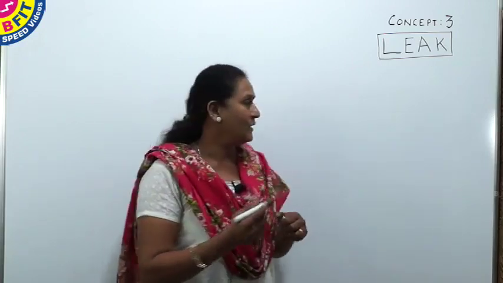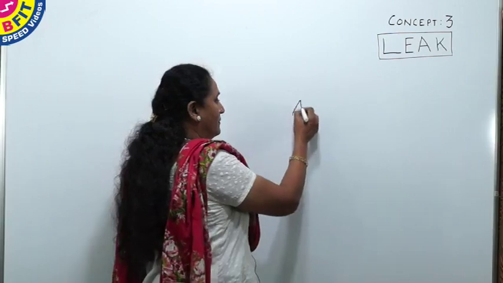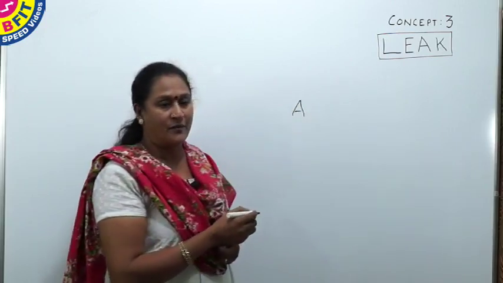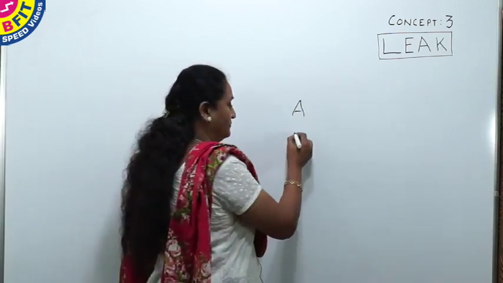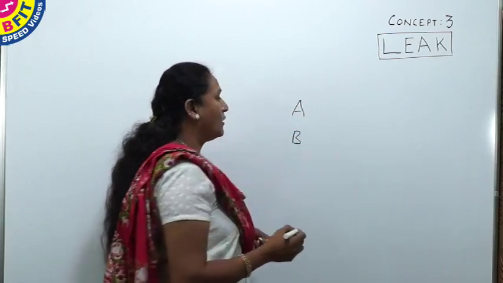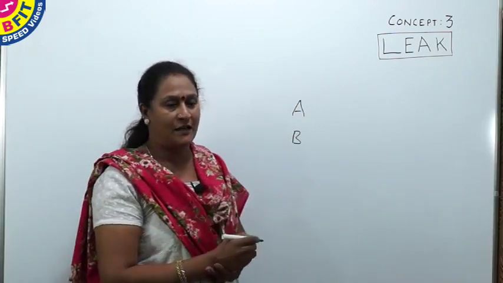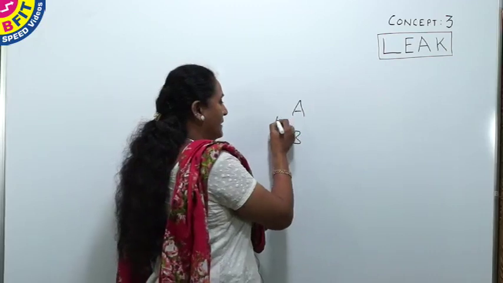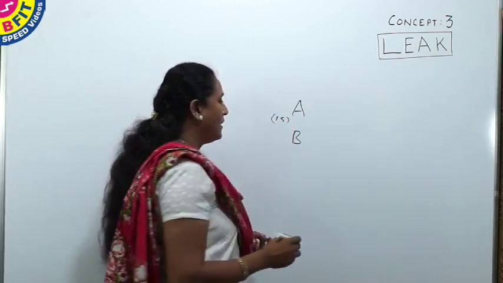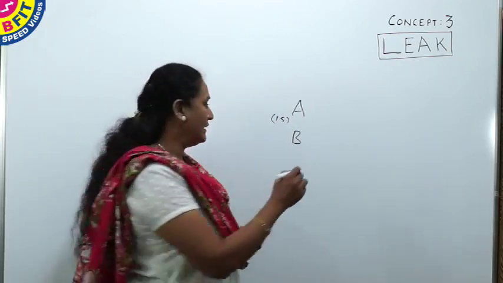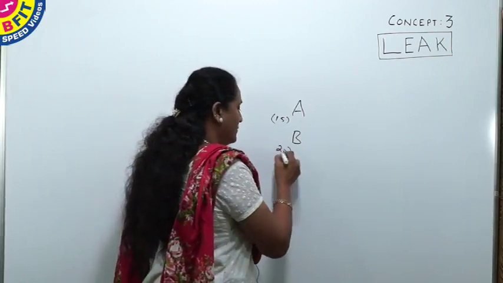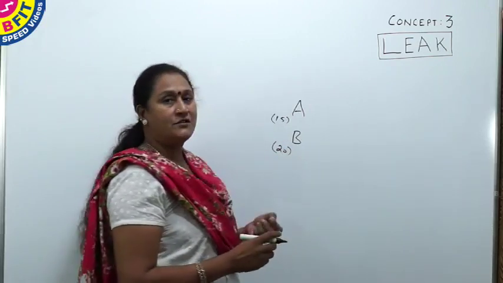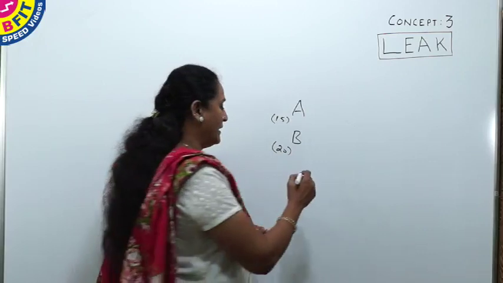So there are 2 pipes A and B. And what is time taken by A to fill the tank? That is 15 minutes. And what is time taken by B to fill the tank? It is 20 minutes. And instead of another pipe, there is a leak in the tank.